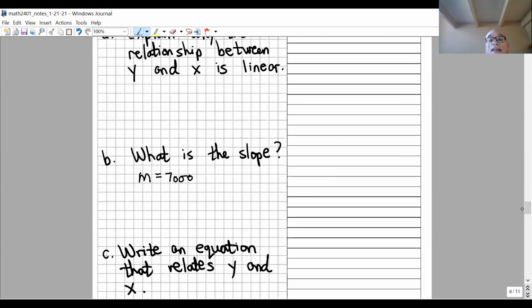So we would say the average annual salary increases, because the slope is positive, by 7,000 when the high school GPA increases by 1. Or you could say the average annual earnings increase by 7,000 per high school GPA point. So there's the contextual way of interpreting slope.